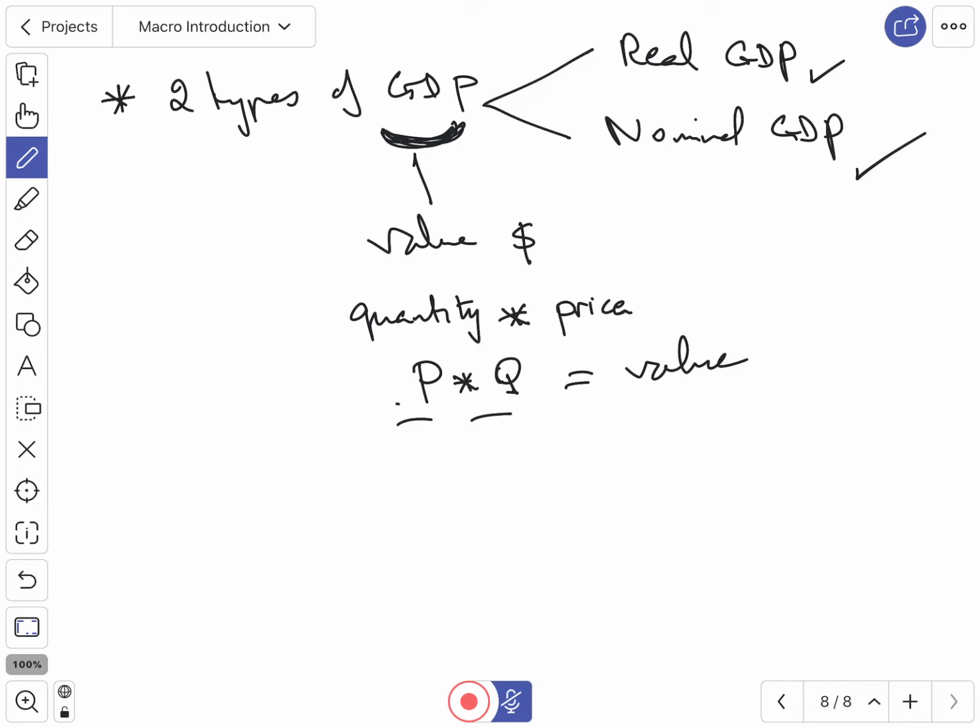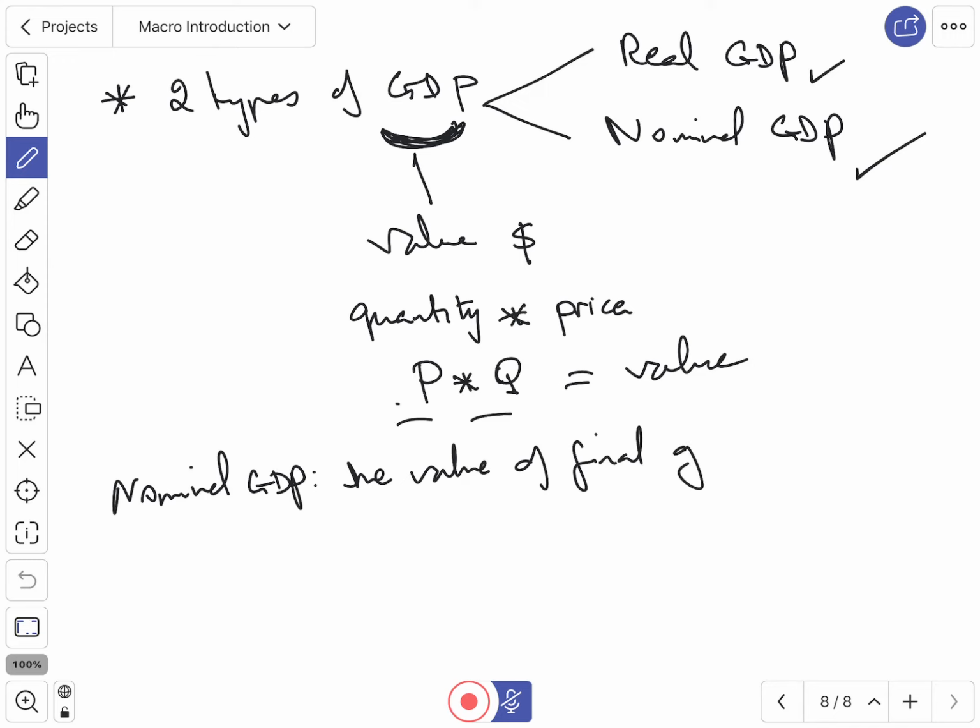So if I'm talking about nominal GDP, let's start with the nominal. Nominal GDP is the value of final, so it's always final, right? We said that.